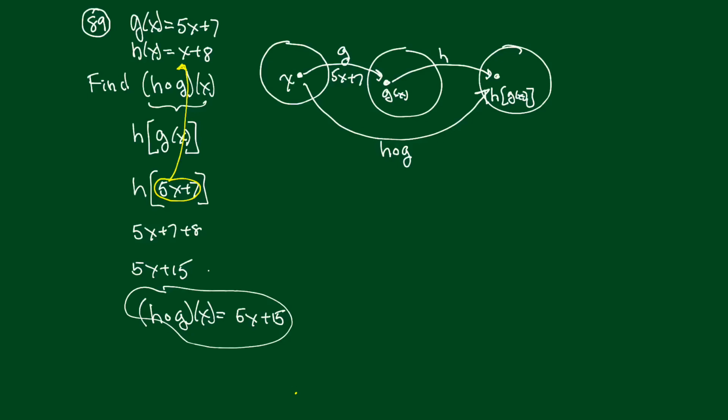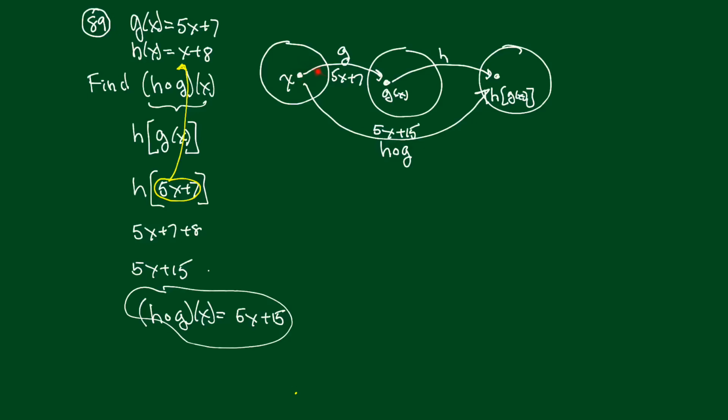So instead of going through the individuals, you start with some number, process it with g, process it with h, we could go nonstop using this new function that we're calling h circle g, which is this one here. I'll put it right up here. 5x plus 15.